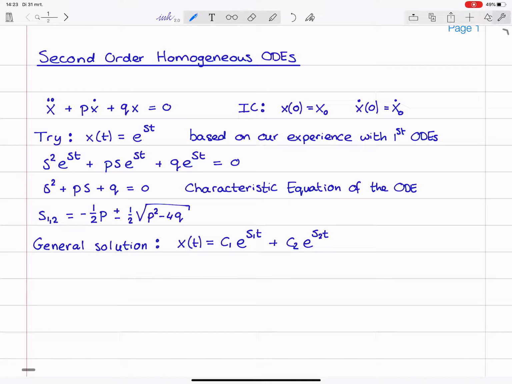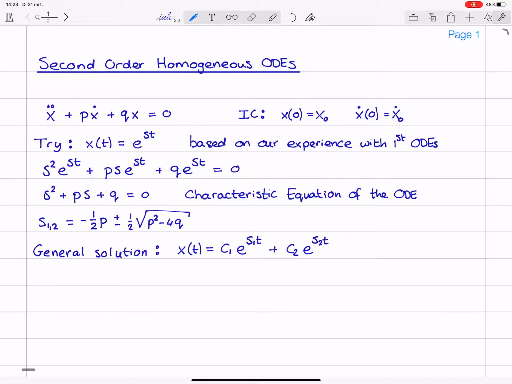Alright, and the reason is that since s1 substituted satisfies the differential equation and s2 does as well, because the right hand side is 0, we basically are just adding two functions here that once substituted in the differential equation are both 0. So in general, the solution is any linear combination of them.